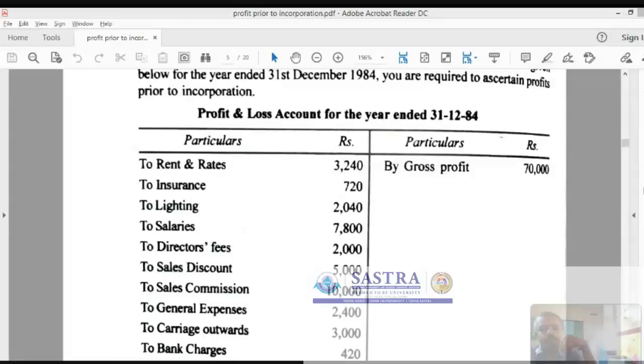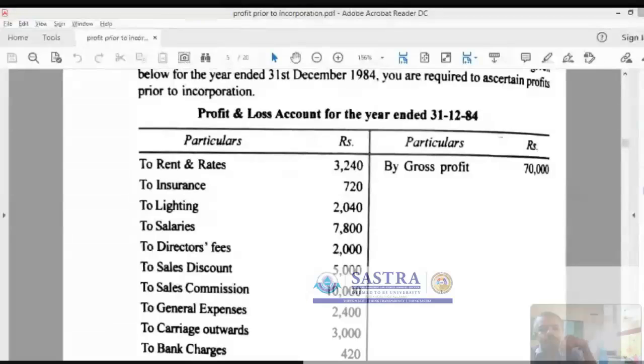Then sales discount. Any expense related to sales should be distributed according to sales ratio. Pre and post incorporation sales ratio. Sales commission, again sales ratio. General expenses, based on time ratio.